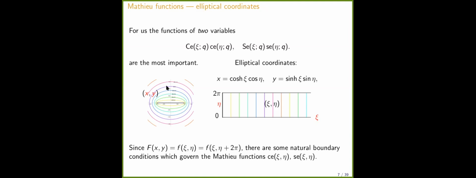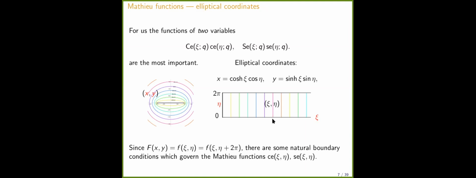But if you take a fixed xy point and find its value in the elliptical coordinates, if the eta variable increases by 2 pi, it's like going around these confocal ellipses, around the common interval from -1 to 1.